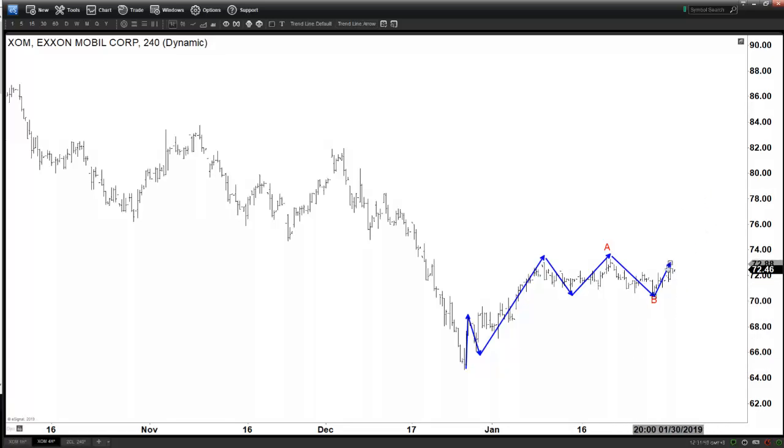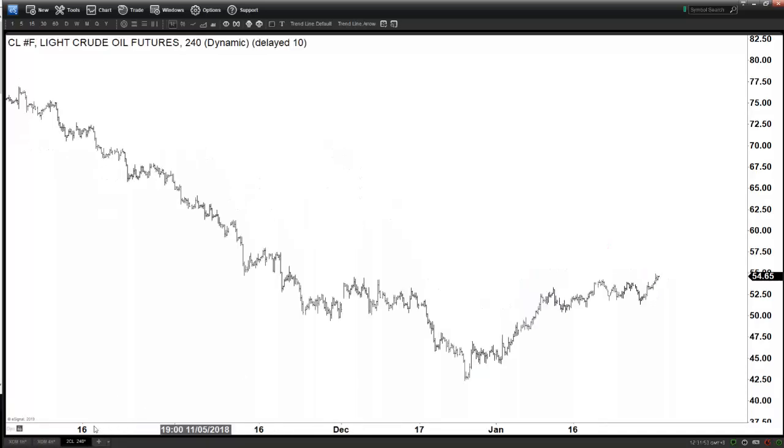Now if we look at the correlated instrument, which is oil, because Exxon Mobil is producing oil. If you take a look at oil, you look at the structure, it looks very similar. It has 5 waves, 1, 2, 3, 4, 5.